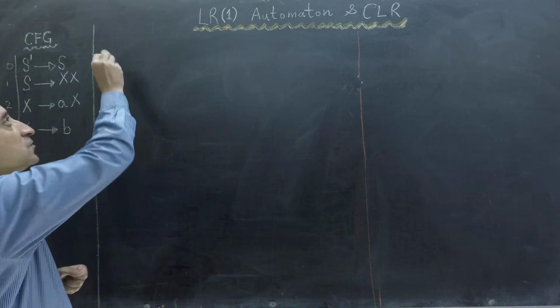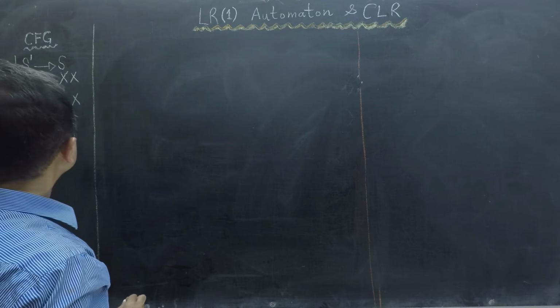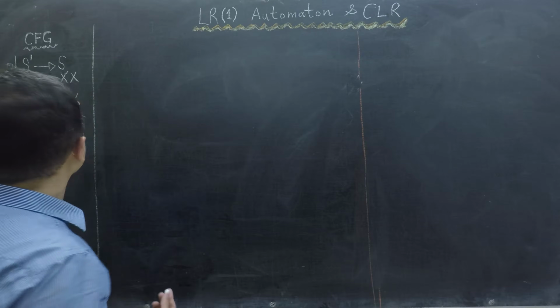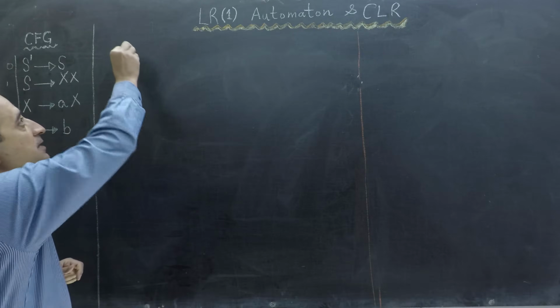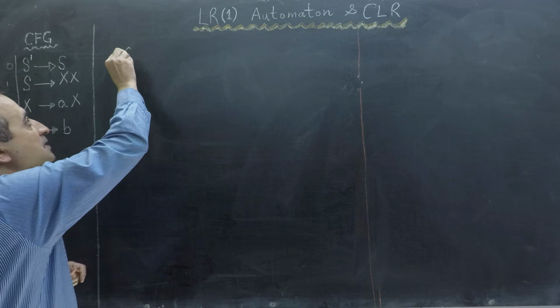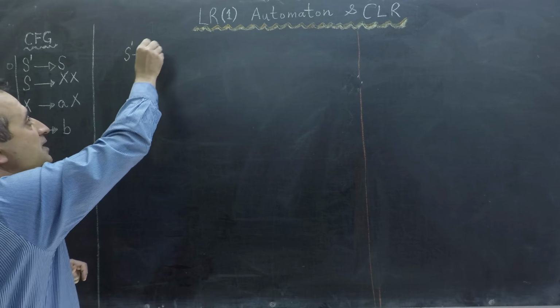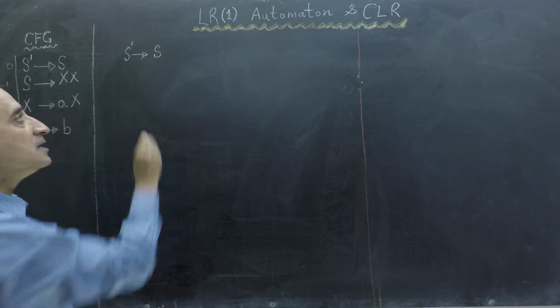So first we take this new production that we have introduced recently in our augmented grammar and create our start state with this production. S bar goes to S and we add a dot here.